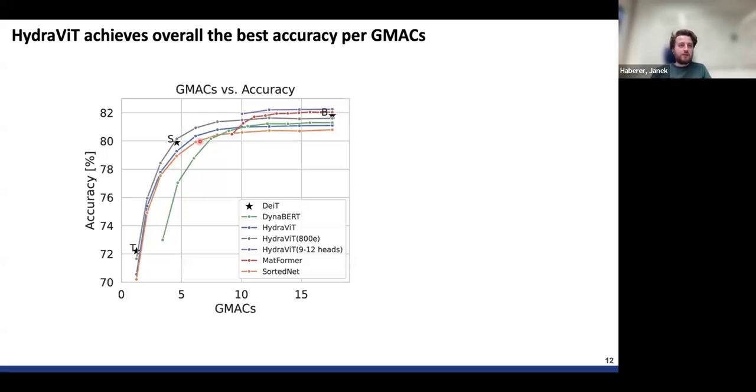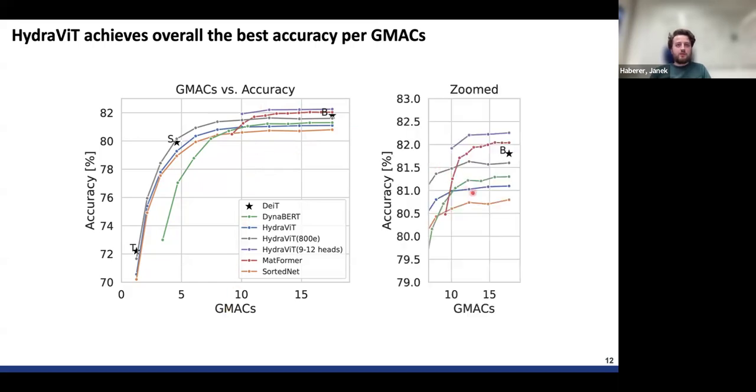So we can see that if we train HydraViT for 300 epochs and SortedNet obviously also for 300 epochs, we get slightly better accuracy at each step, right? So at each step we have a slightly higher accuracy compared to the GMACs. When we go a bit more to this right part here, where we need a few more GMACs, we can zoom in.